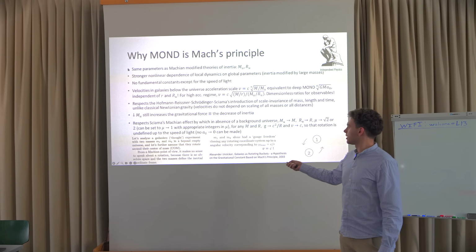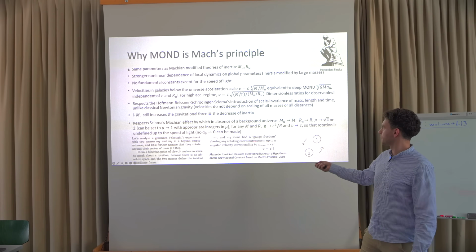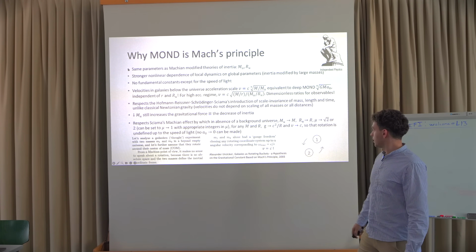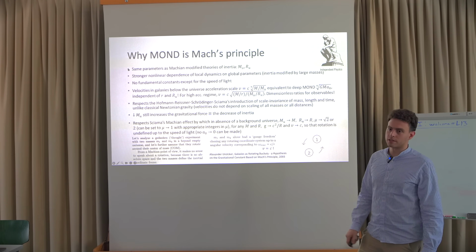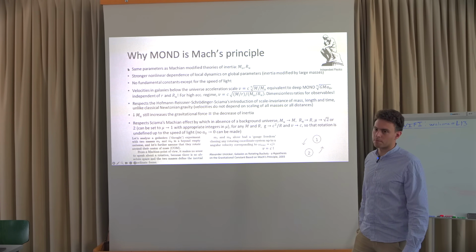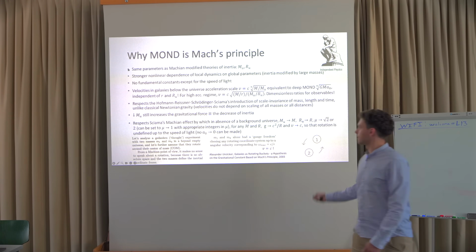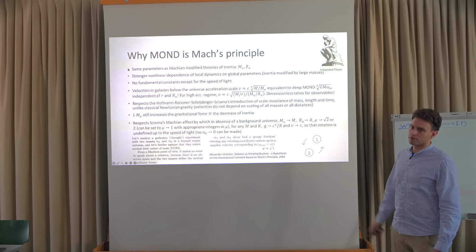And mass 1 and mass 2 have a gauge freedom, choosing any rotating coordinate system up to a particular angular velocity corresponding to rotation at the speed of light. So you expect something like this from Mach, to get velocities of the speed of light when you empty the universe.